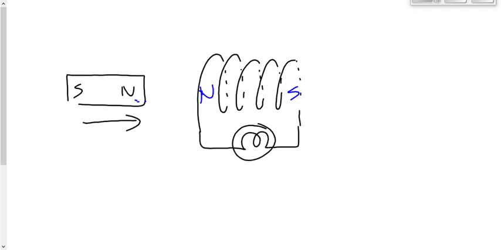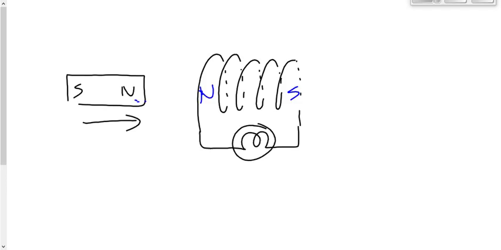If I'm pushing this towards it, the only way to oppose that motion is to have a repulsive force. That makes sense? It becomes a magnet because there's a current produced by the moving magnet. That second magnetic field acts along with the first one to oppose the motion of the original magnet.